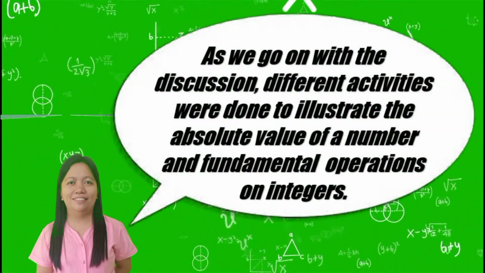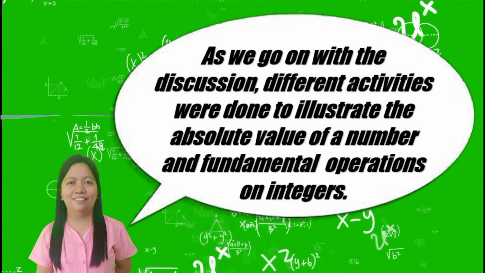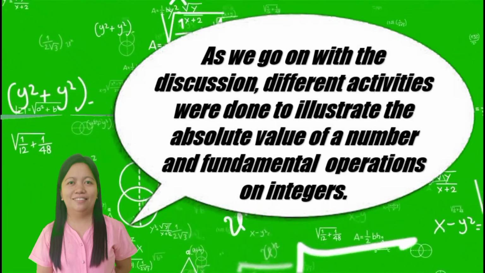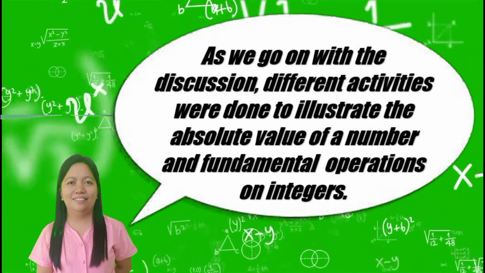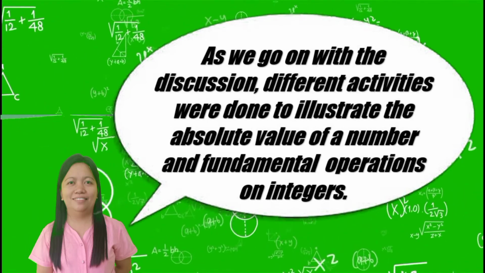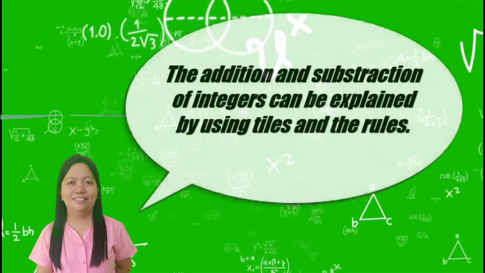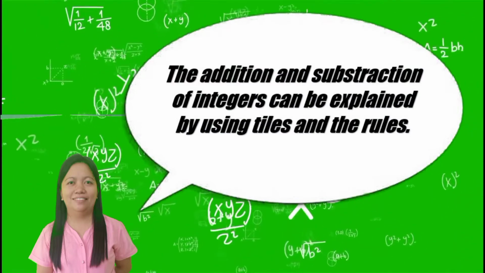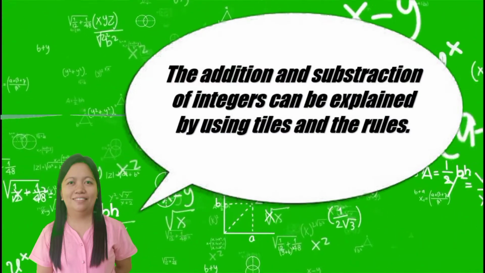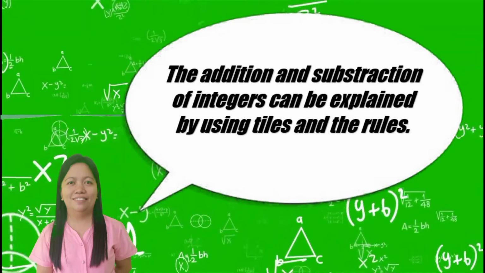As we go on with the discussion, different activities were done to illustrate the absolute value of a number and fundamental operations on integers. The addition and subtraction of integers can be explained by using tiles and the rules.